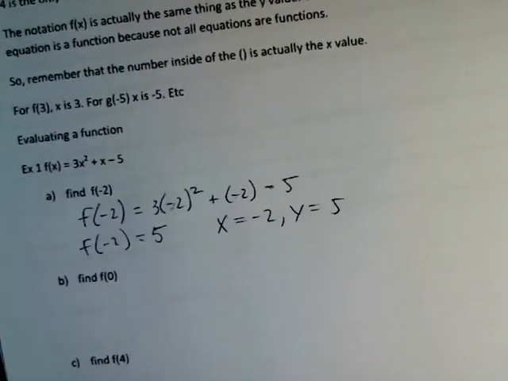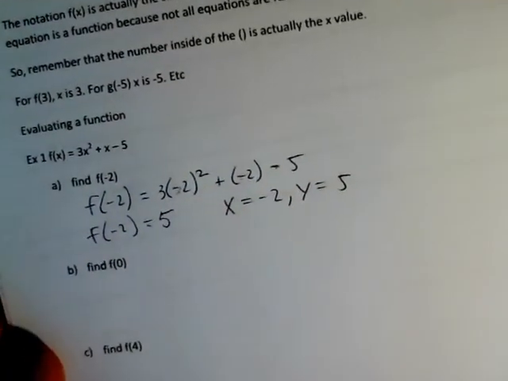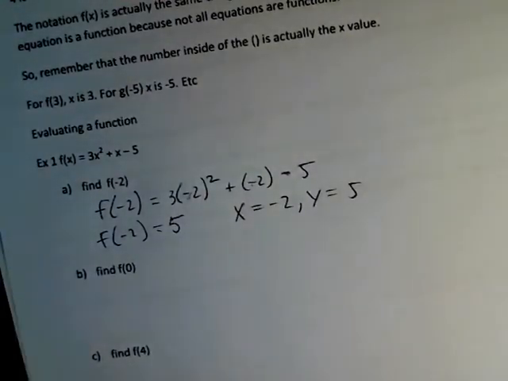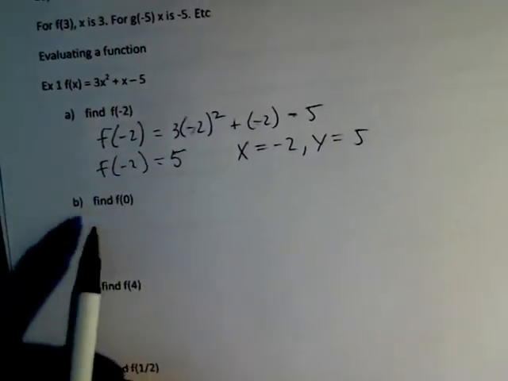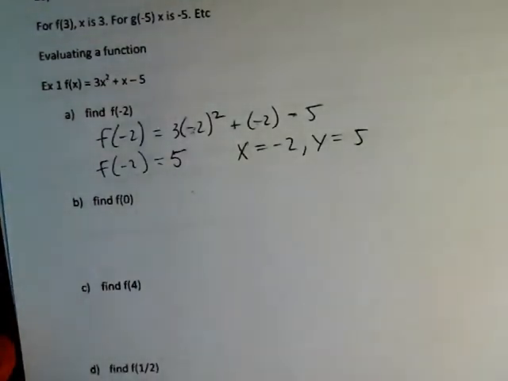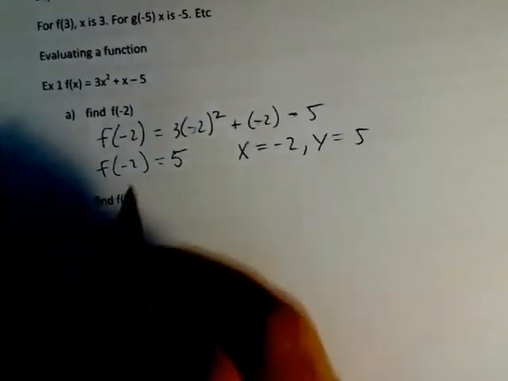Okay, so that's our first example. F of 0, and again, when x is 0, we can also state that this is the y-intercept. So this allows us to graph these things. We're still finding points. Nothing's really changed. It's just a different notation.